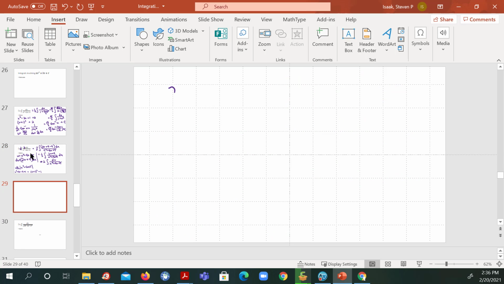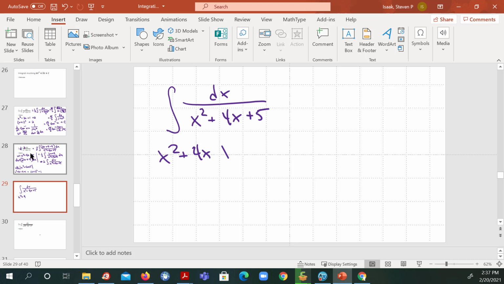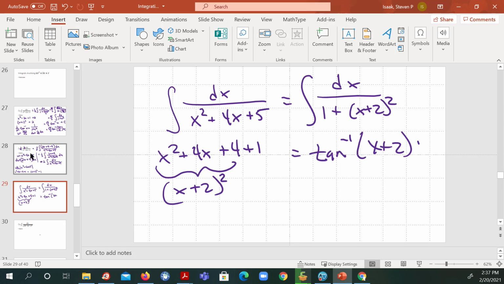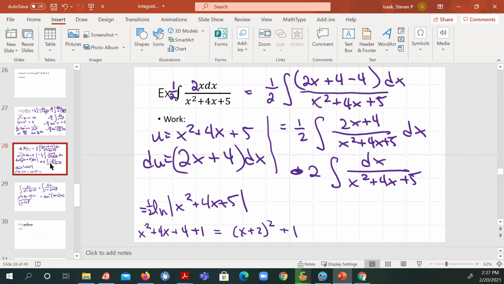We have dx over x squared plus 4x plus 5. Now we know that x squared plus 4x, I'm going to write 5 as 4 plus 1. This is x plus 2 squared. So this is dx over 1 plus x plus 2 squared. So this is the arctangent of x plus 2 plus constant. So when I come over here, this is minus 2 arctangent of x plus 2 plus constant.